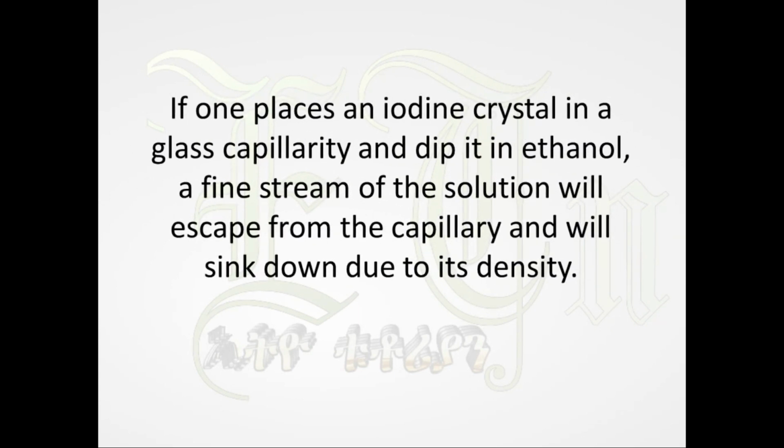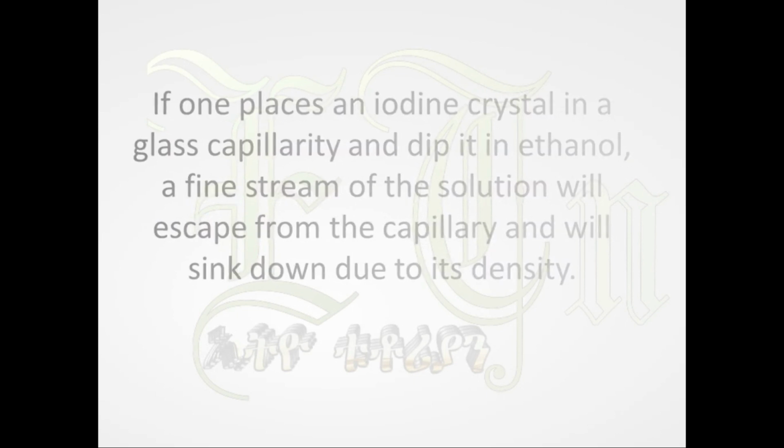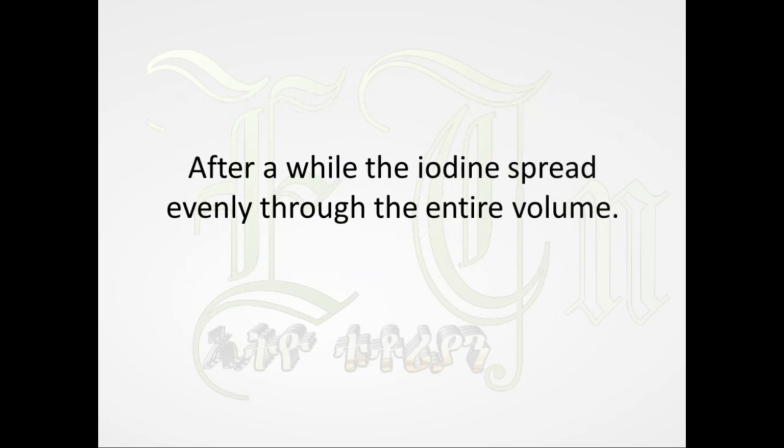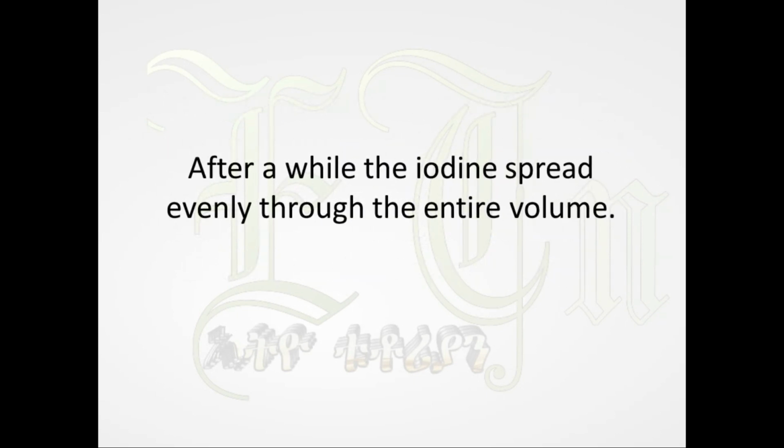If one places an iodine crystal in a glass capillary and dips it in ethanol, a fine stream of the solution will escape from the capillary and sink down due to its density. After a while, the iodine spreads evenly through the entire volume.